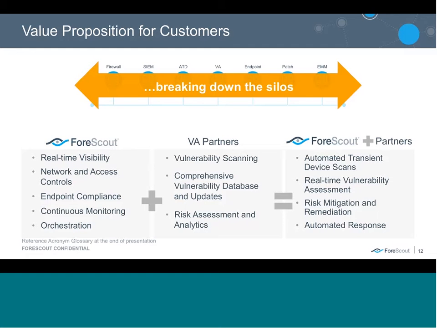And you put the two together and you eliminate the problem with the transient devices. You get the real-time vulnerability assessment, you get an automated response, but you eliminate all three of the gaps that we talked about earlier, which was the transient devices, the point-in-time risk assessment, and the automated response.